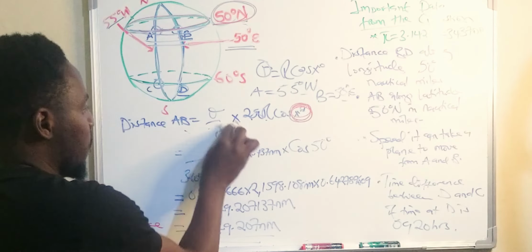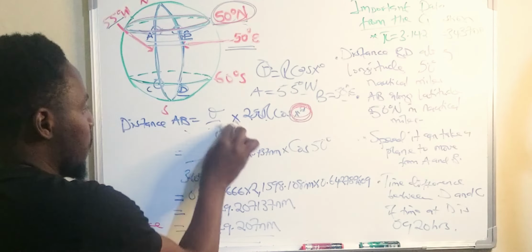Now, since we are finding the speed from A to B, we have already, in the previous question, calculated the distance between A and B. If that question wasn't there, this question would require us to calculate the distance on our own.